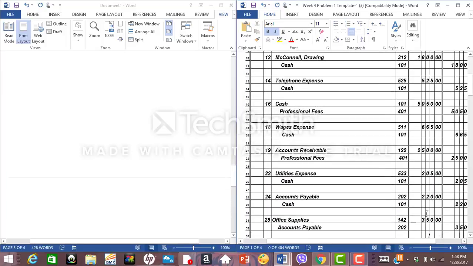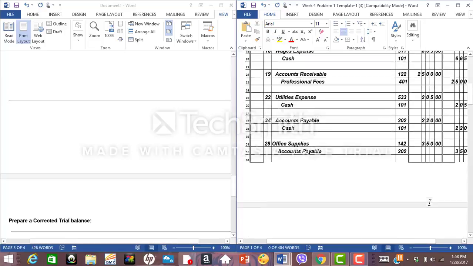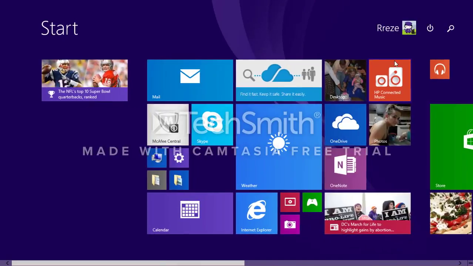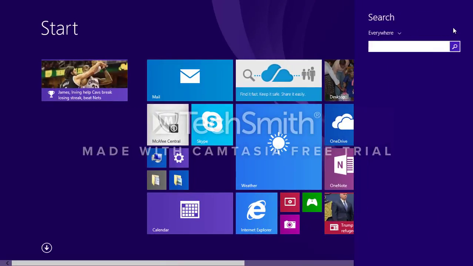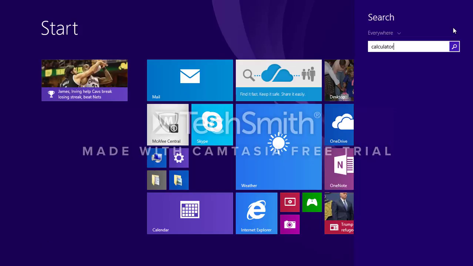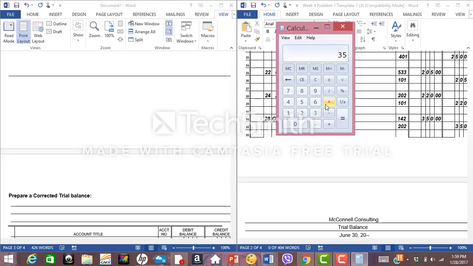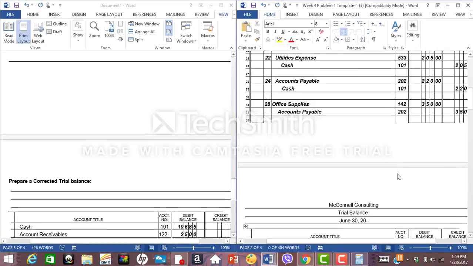So they paid off $220 because it's under the debit, and then they took 350. So your balance would be 350, your credit minus your debit. I'm going to ask for a calculator. Okay, calculator. So 350 minus 220 is 130, and I believe that's about it.